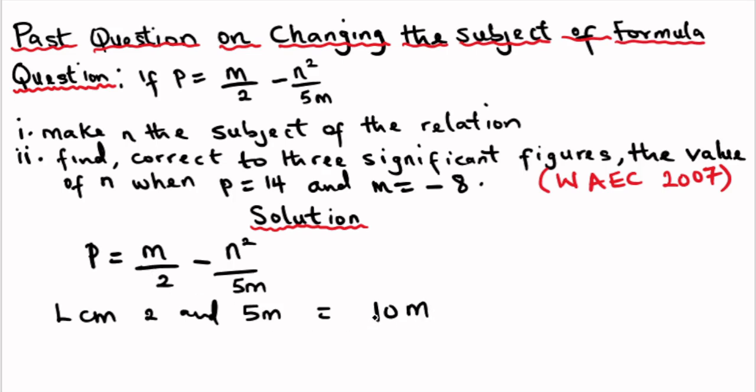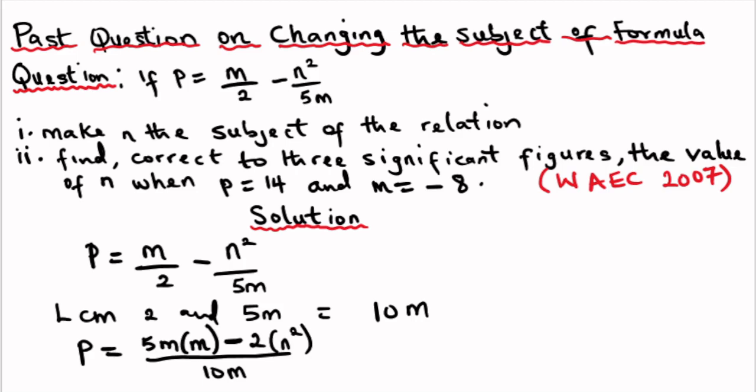So introducing the LCM to the question, we'll be having p equal to all over 10m. 10m divided by 2 will give us 5m. So we'll write 5m multiplied by, what do we have at the numerator there? We'll have m minus 10m divided by 5m will give us 2 multiplied by n squared. We'll close the bracket.